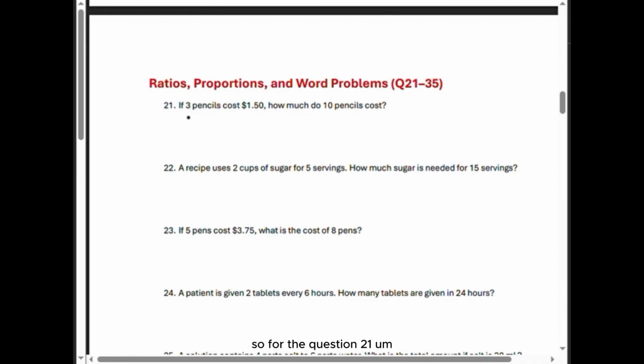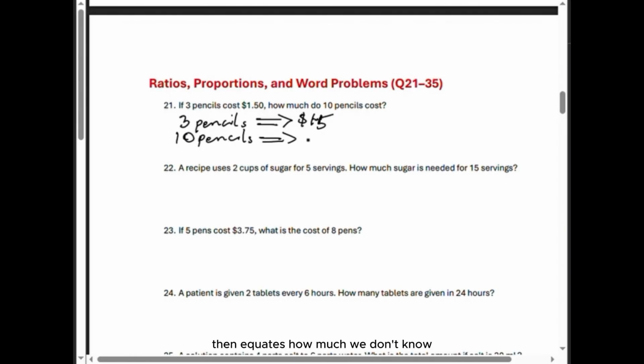So for question 21, 3 pencils cost $1.5. How much do 10 pencils cost? Because you have 10 pencils here, you write it in the same column as 3 pencils.